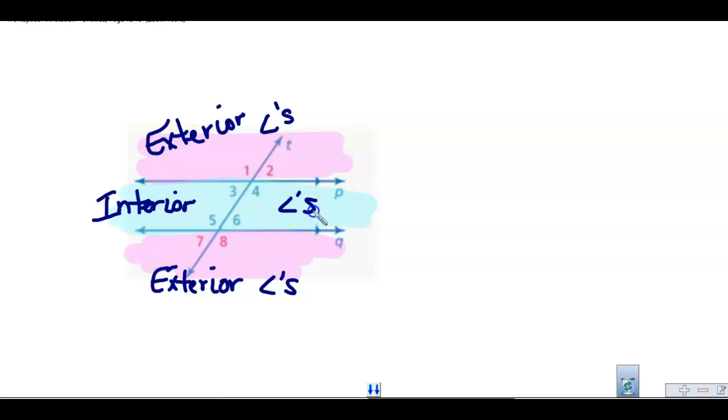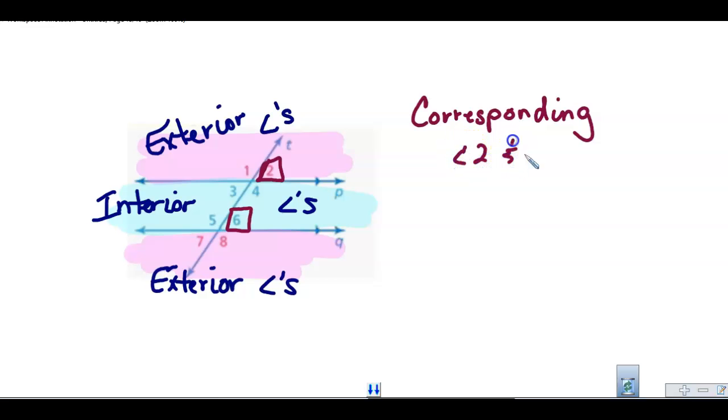Now we have a bunch of different other relationships that are being formed. We have corresponding. Again, if they are corresponding, they're in the same location, just a different intersection. So 2 and 6 are examples of corresponding angles. And corresponding angles are congruent. That's why they're important to know.